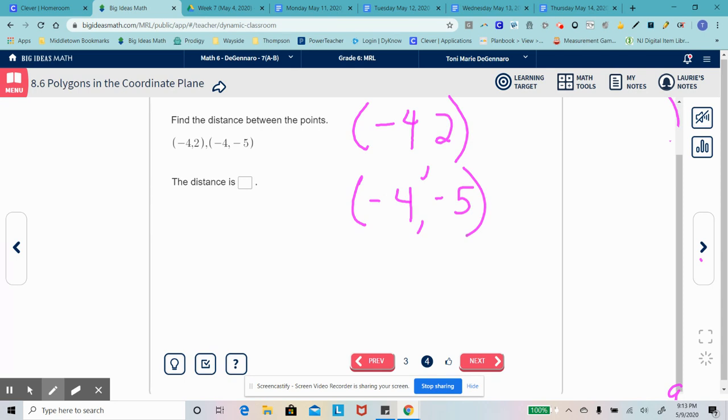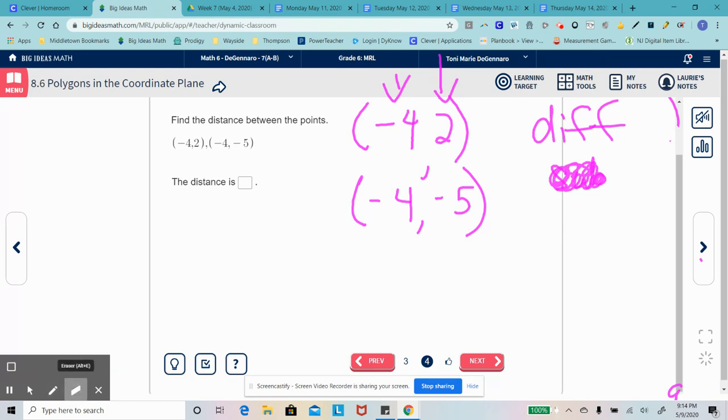So my x's, here's my x's. They both have negatives, so far so good. But when I go here, my 2 is positive and my 5 is negative. So that means that they are in different quadrants, which means we need to add.